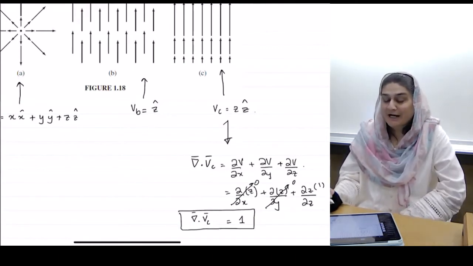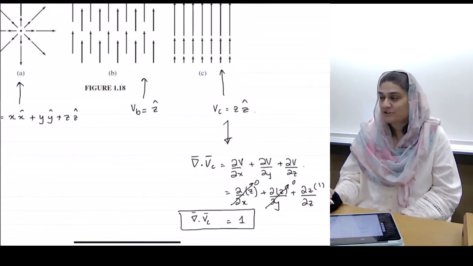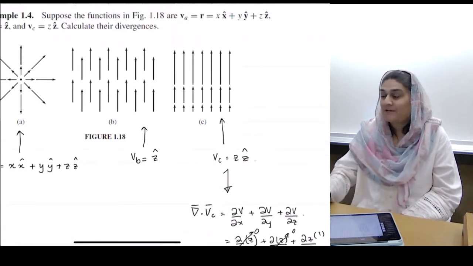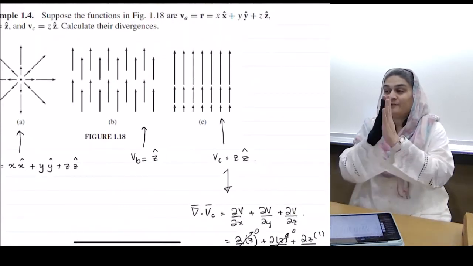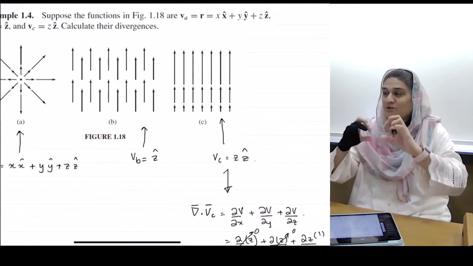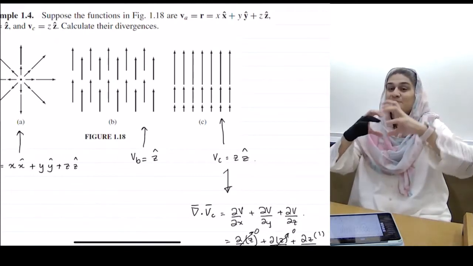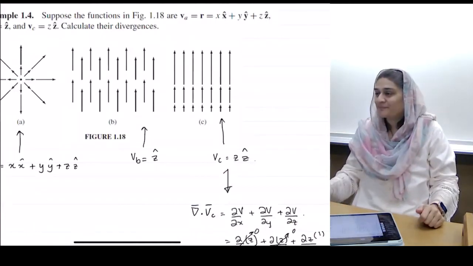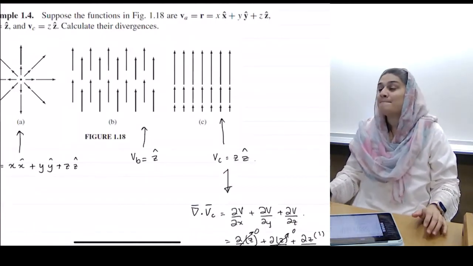That means it actually has a divergence. So look at this picture. Even though when I defined divergence, I defined it like this, this picture also has a divergence because the vectors themselves are becoming bigger. It's a divergence in magnitude.